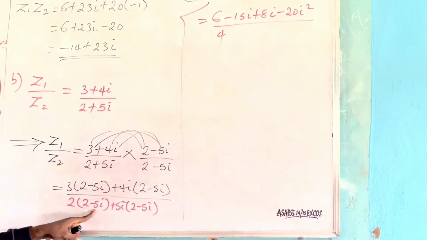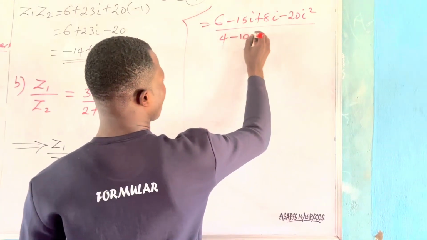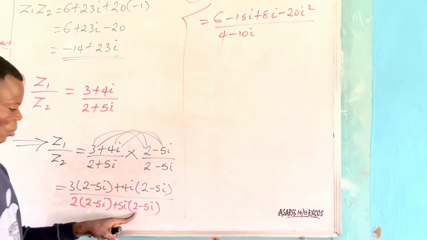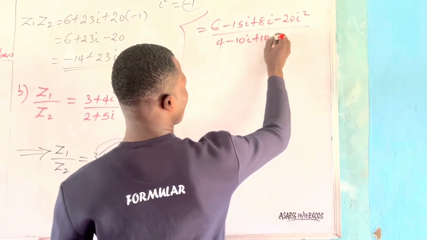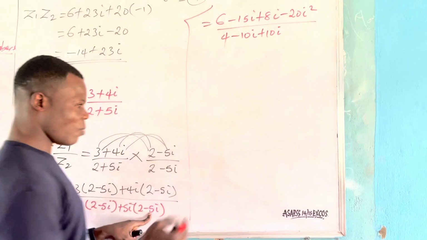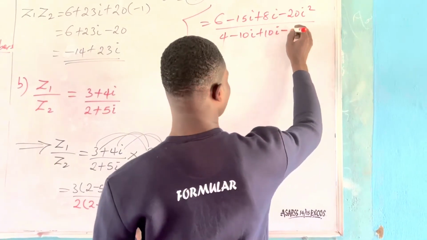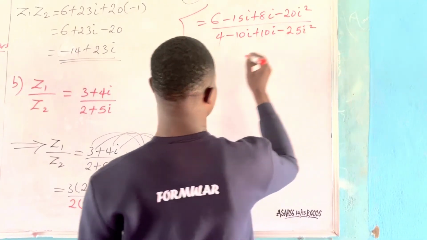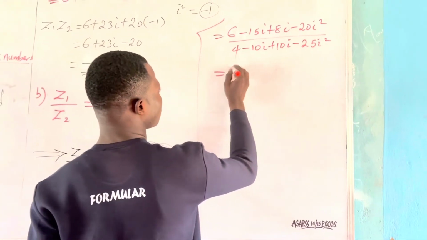So 2 times this will give us minus 10i. This times this will give us a plus 10i. This times this will give us a minus 25i squared.